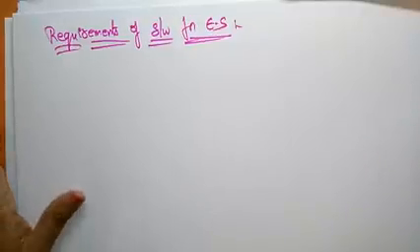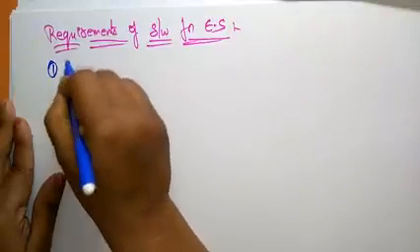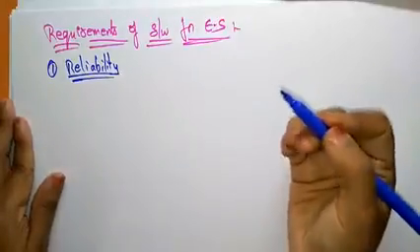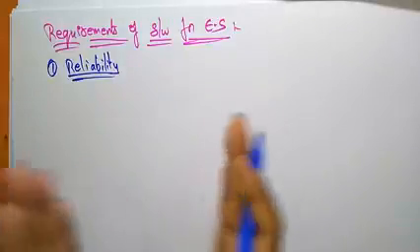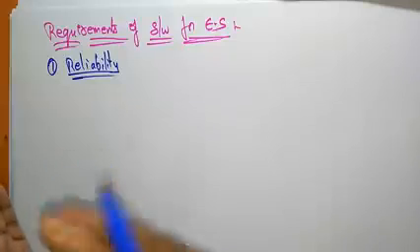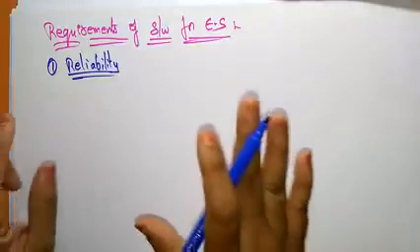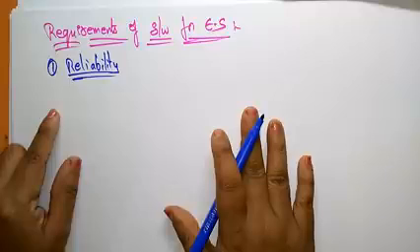The first requirement to develop software for an embedded system is reliability. Whatever software you design should be reliable, because human intervention is not possible for error handling. In general purpose systems, human intervention is there. The human can interrupt the program, add memory, or add resources, whatever he wants. But in an embedded system, human intervention is not possible for error handling.